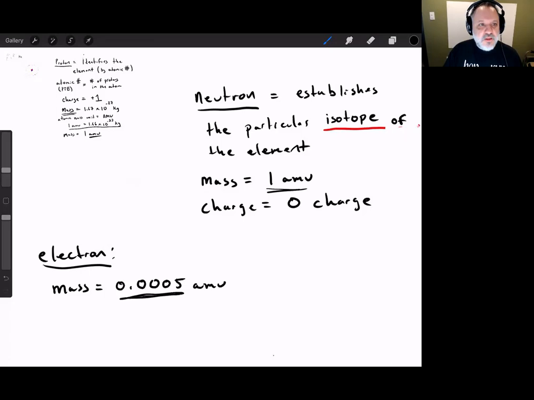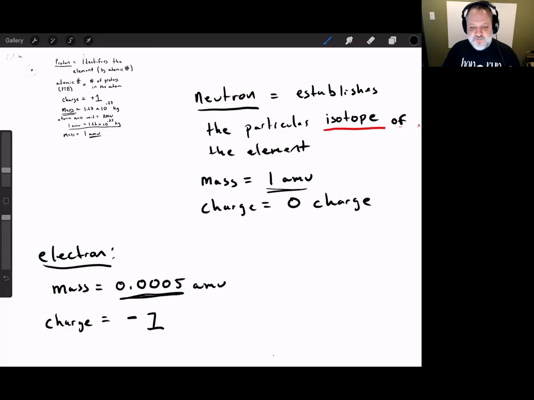So in real life, these particles are incredibly small, and the electron is even 2,000 times smaller than that. The electron has a charge of -1. So the flavor of the charge is negative, and the value of the charge is 1.